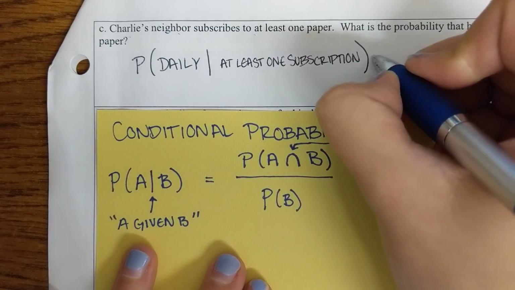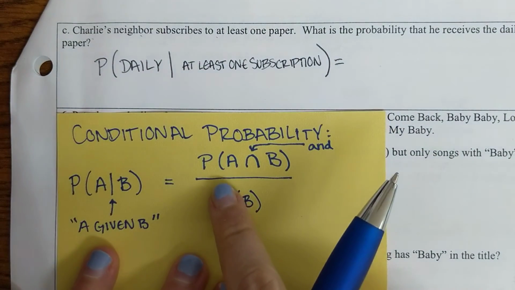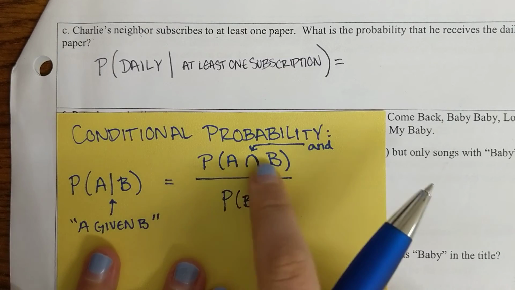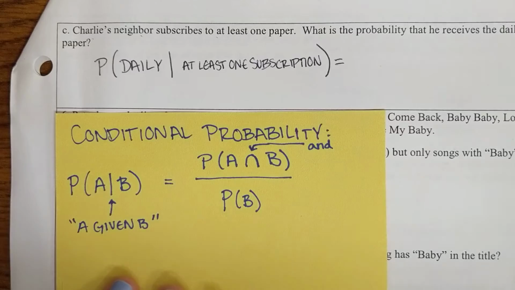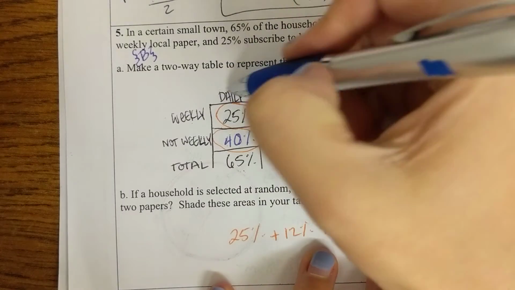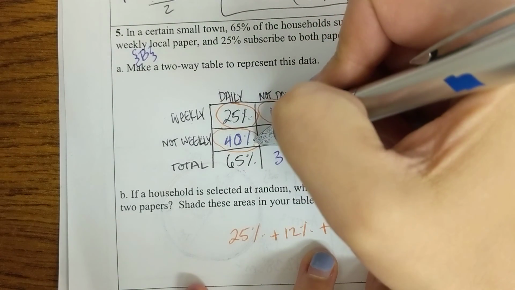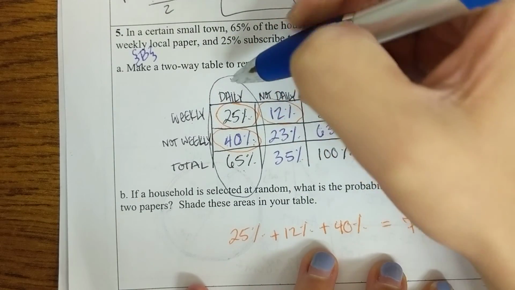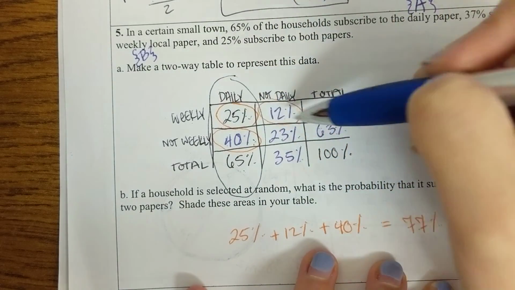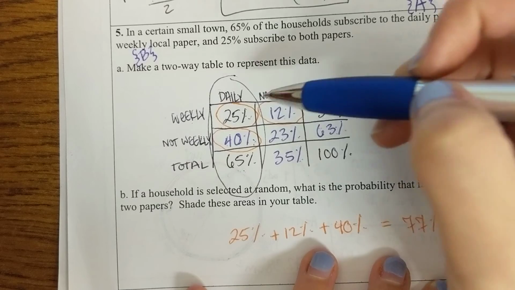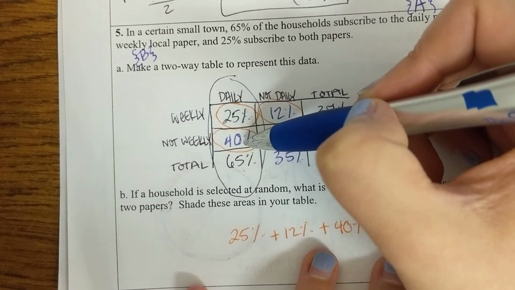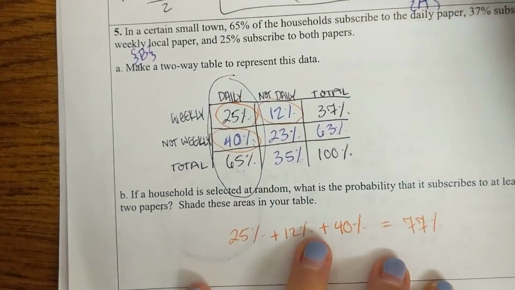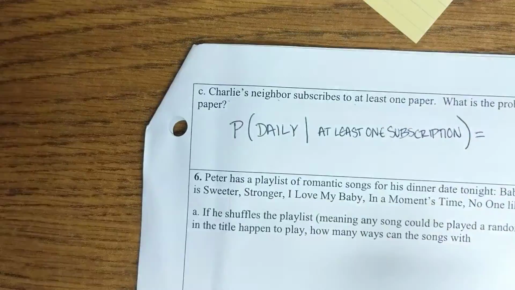So this would be the probability of daily and at least one subscription happening. And if you see, that's going off of the orange circles that we had before. So the only intersection of the orange circles and the daily would be 25% and 40%, which is 65%.